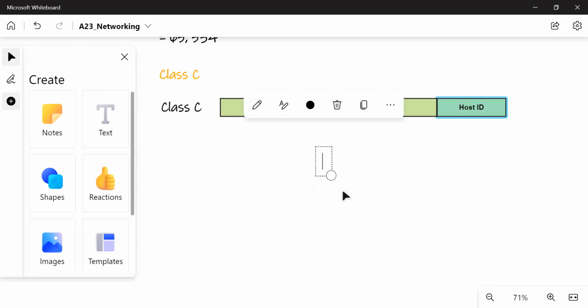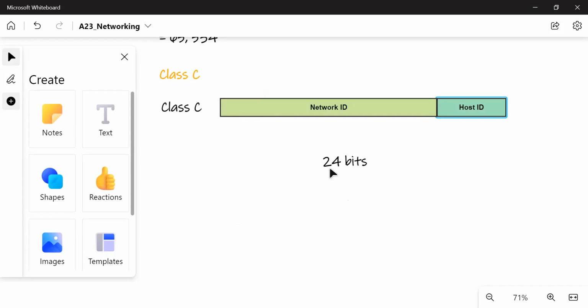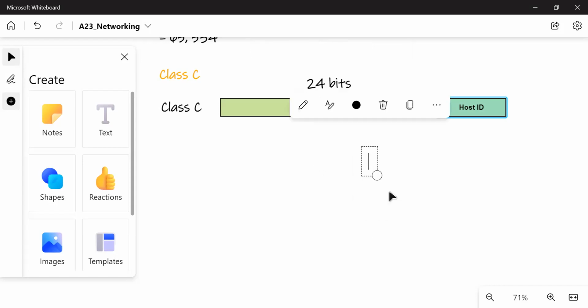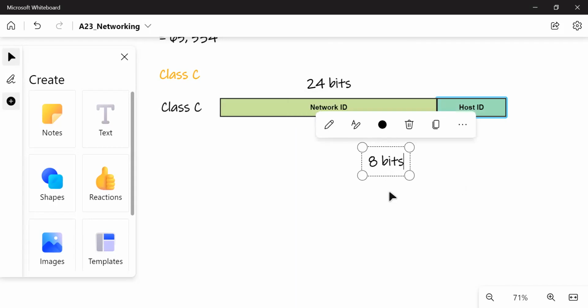When you say 24 bits, actually it's 21 bits if you ignore the first three. And then the next one is you are using 8 bits, the smallest number of computers you could have.